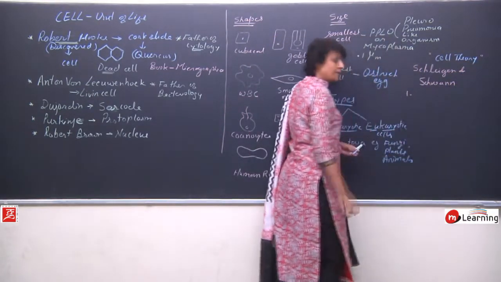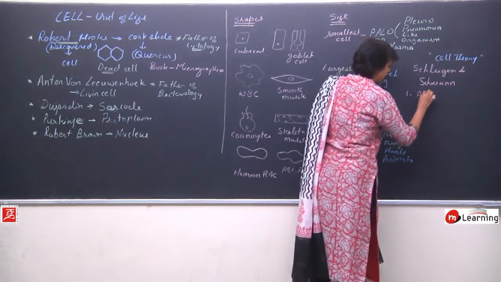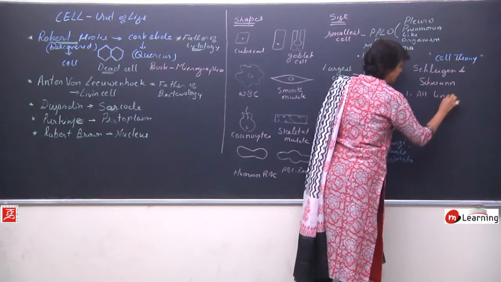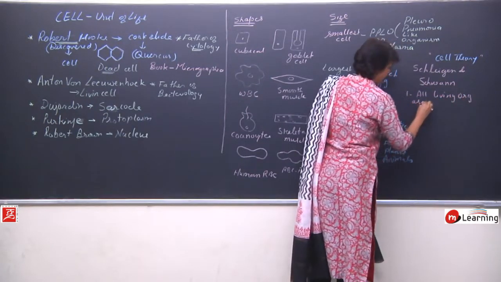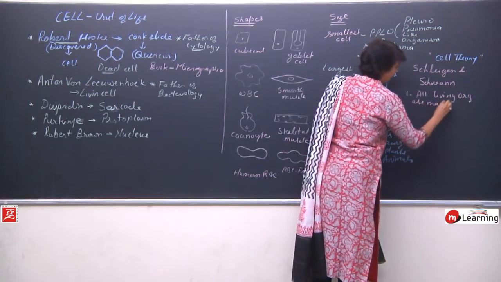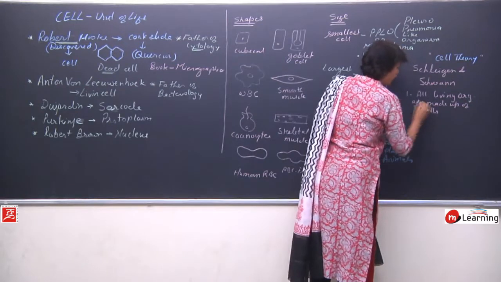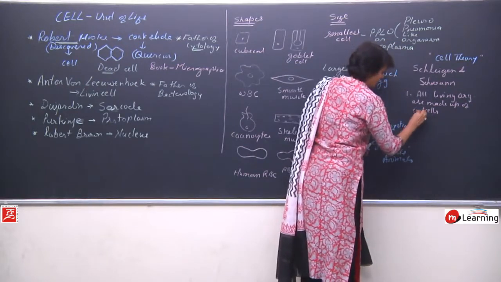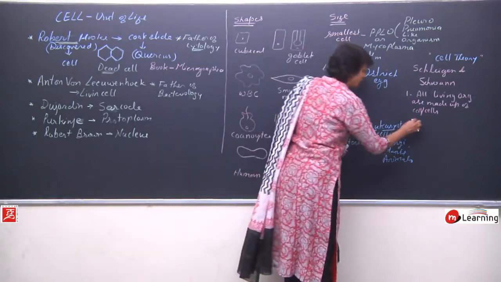First point was that all living organisms are made up of cells. It could be cell or cells. So, unicellular as well as multicellular organisms were covered under this point.